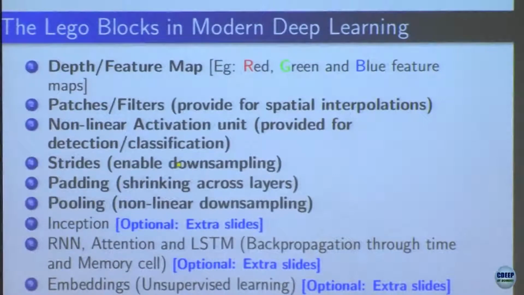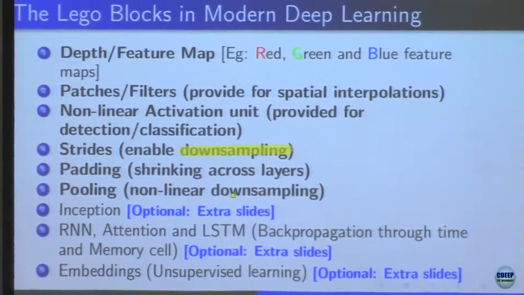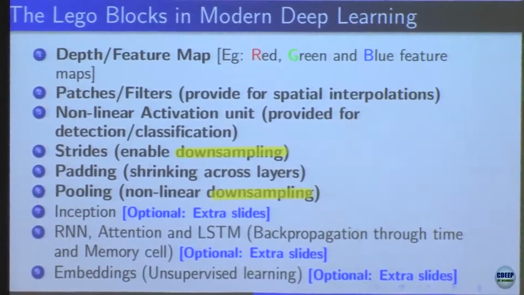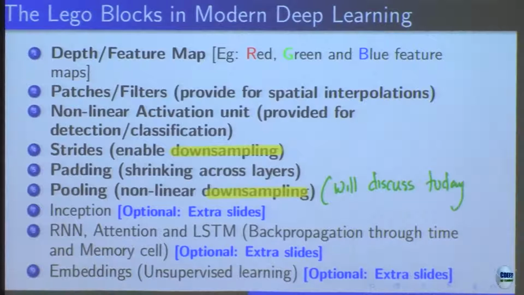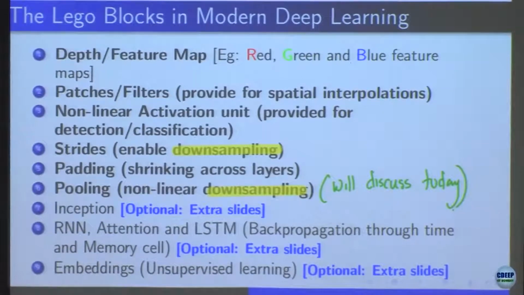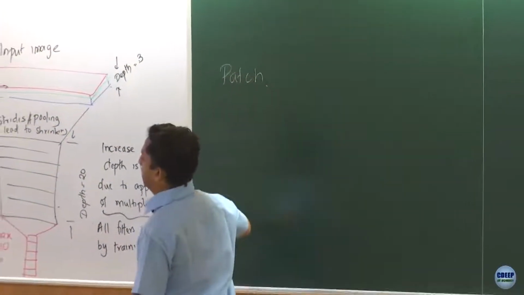And specifically two components here enable downsampling. So one is the striding enables downsampling, and the other is pooling. We have not yet discussed this. We will discuss today. Now, what were each of these doing? What was patch in conjunction?